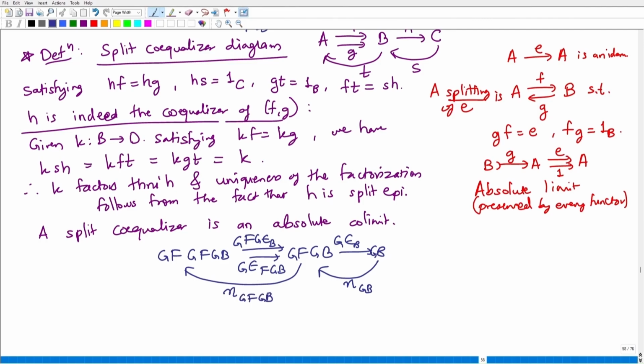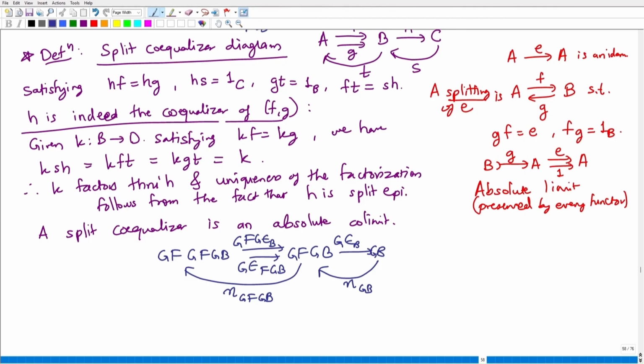Okay, so using all the diagrams that we have drawn so far, you can check this to be a split coequalizer diagram. Okay, so this one will be identity, eta sub GB followed by G epsilon B, that will be identity.